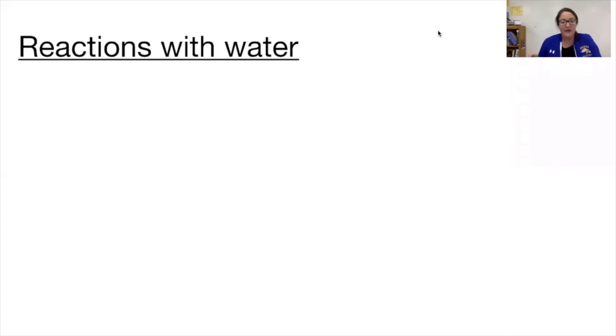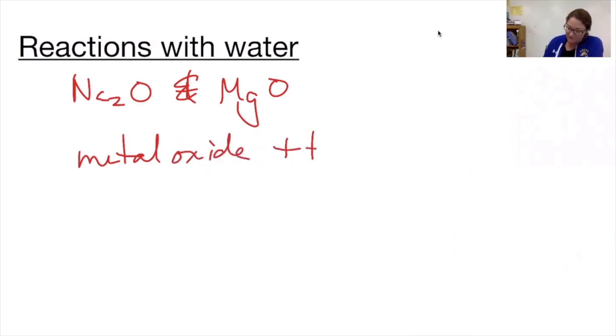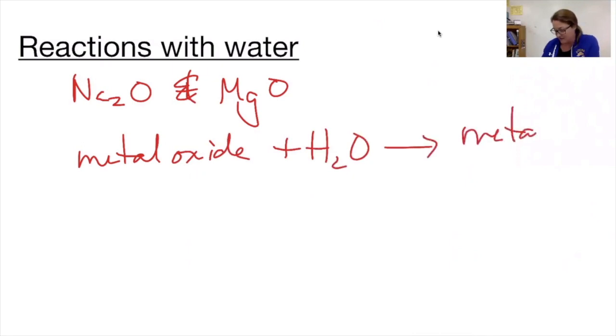For the first two, Na2O and MgO, when they react with water, I'm going to write this as a metal oxide plus water is going to form a metal hydroxide.